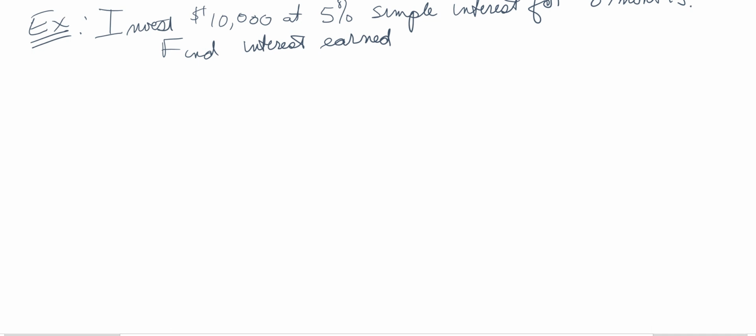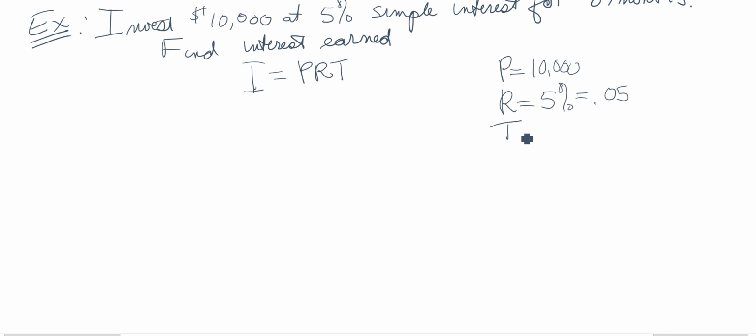So, the formula is I equals PRT. P this time is our initial investment, $10,000. Our rate is 5%, which is 0.05. But here, our time is 8, not years, but months.